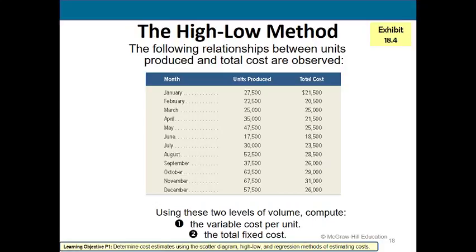Here, the lowest number of units is 17,500 and the highest 67,500. The corresponding costs are 18,500 and 31,000 respectively.